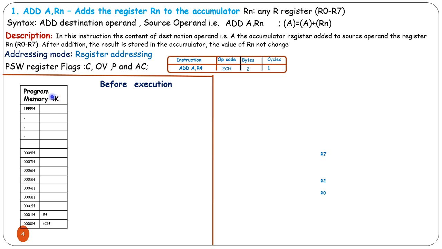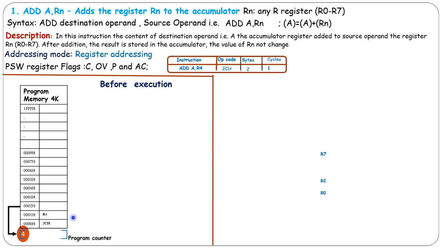So a 12-bit address is required, and the hex address starts from 000H and ends at 0FFFH. These are the 4K addresses. On that address, our program instruction, suppose ADD A, R4, is stored. Its operation code 2CH is stored in the first memory location, and the second memory location addresses the R4.